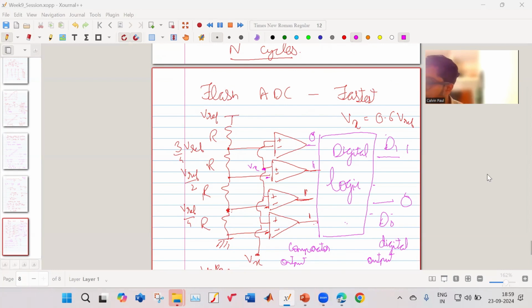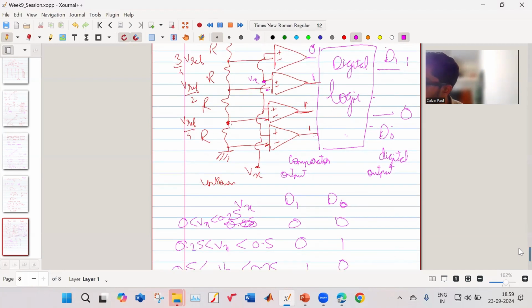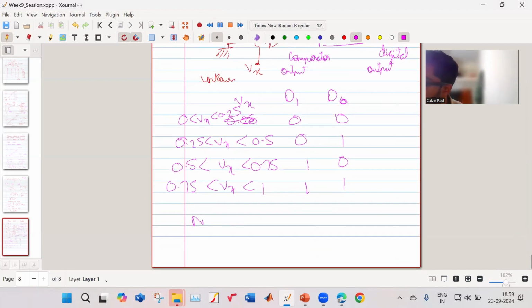And it is a 2-bit ADC, right? So the number of comparators required for an n-bit flash ADC is 2 raised to n.